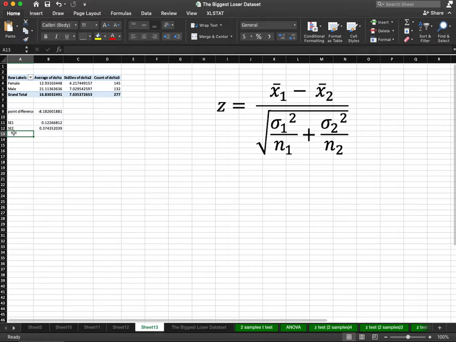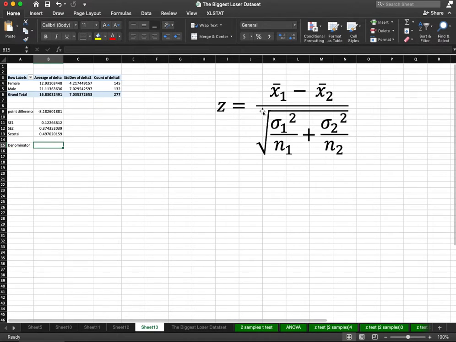Right, now I'm going to add those together. Standard error total equals this plus, nope, I had the wrong one there. Okay. So now I've added these two things together. Now I'm going to get my, let's say, denominator.